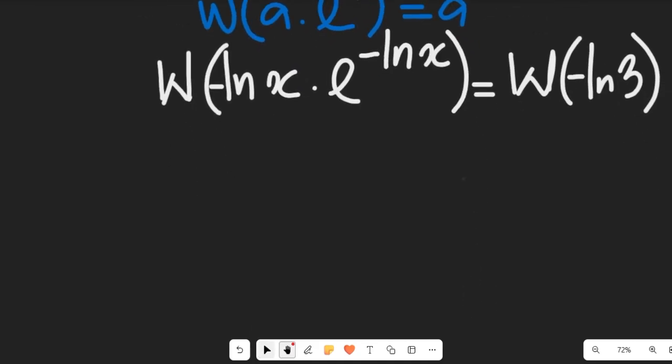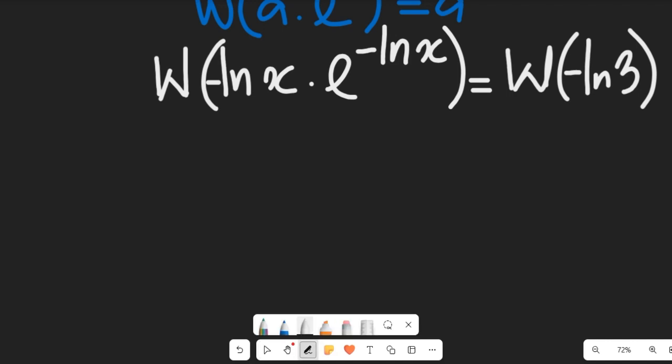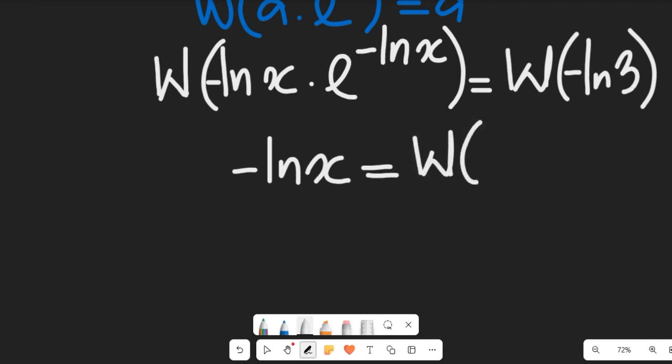Now let's simplify that expression. All of this will simply give me negative ln of x according to the Lambert W expression, and this will be equal to the Lambert W of negative ln of 3.